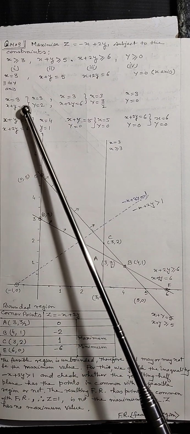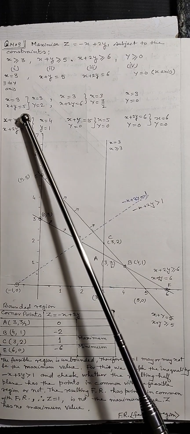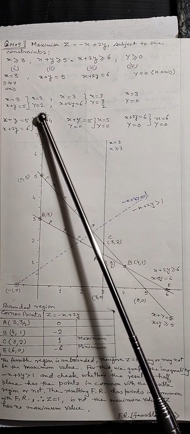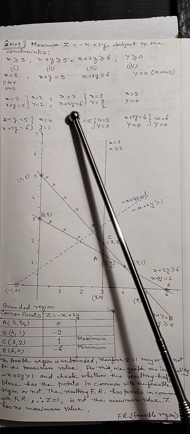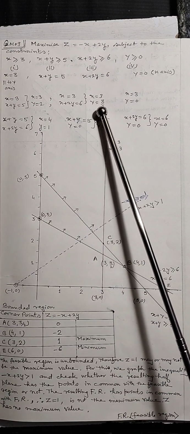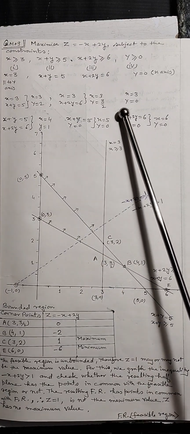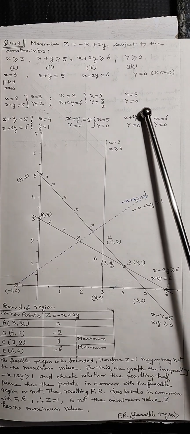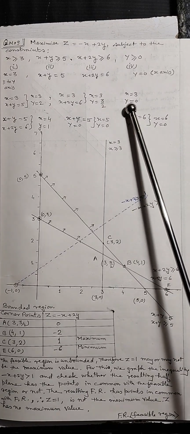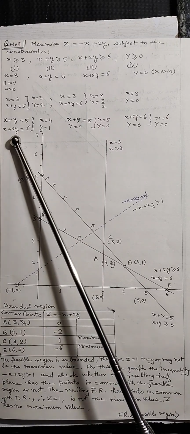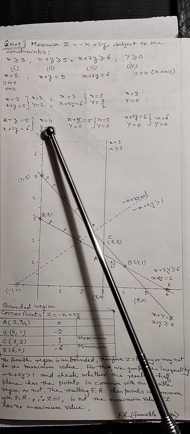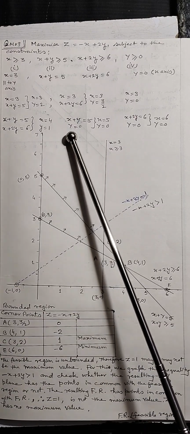Now solve x equal to 3, x plus y equal to 5. You will get x equal to 3, y equal to 2. If you solve x equal to 3, x plus 2y equal to 6, you will get x equal to 3, y equal to 3 by 2. X equal to 3, y equal to 0. Here x plus y equal to 5, x plus 2y equal to 6. If you solve these two equations, you will get x equal to 4 and y equal to 1.